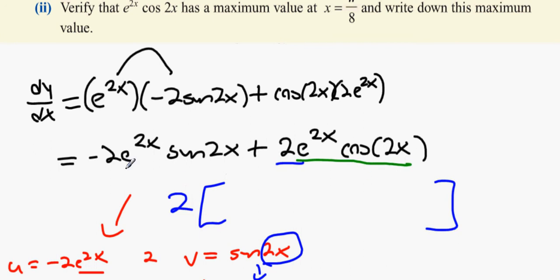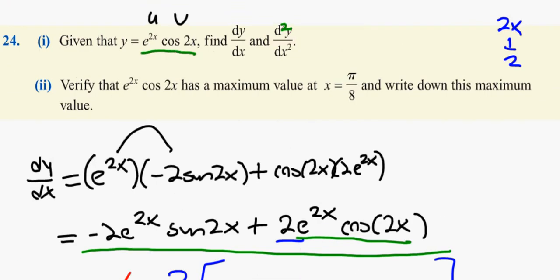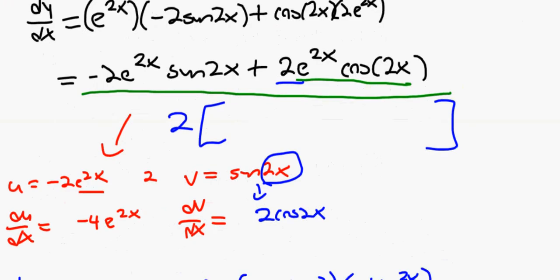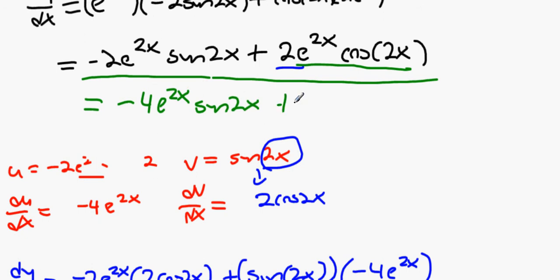And this part here is in fact the full answer from the first part, because we already differentiated e to the 2x cos 2x. So we're just going to put that answer into the brackets here. So we're going to get 2 times this answer, which is going to be minus 4 e to the 2x sine 2x plus 4 e to the 2x cos 2x.